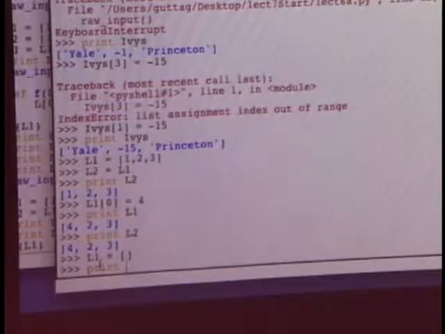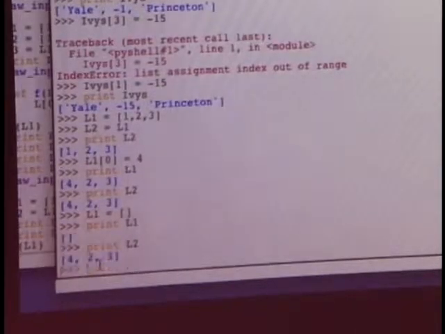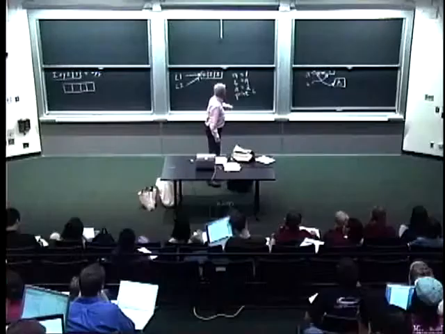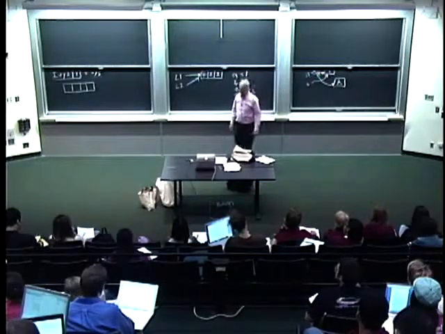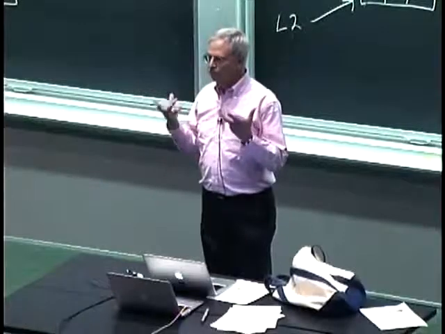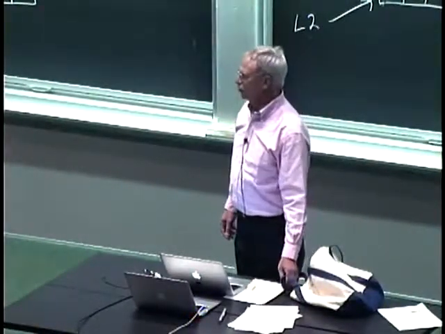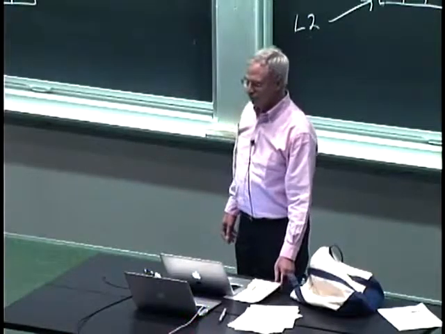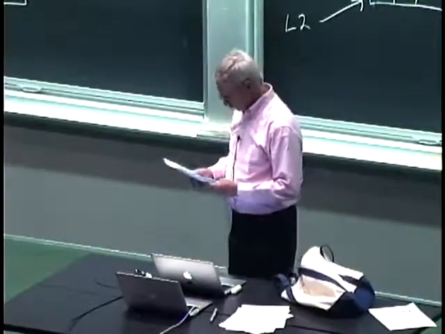I can print L1, and I can print L2, because, again, that's analogous to this example where I just swung the binding of the identifier. So this is important. It's a little bit subtle, but if you don't really understand this deeply, you'll find yourself getting confused a lot. All right? Okay, let me move on.